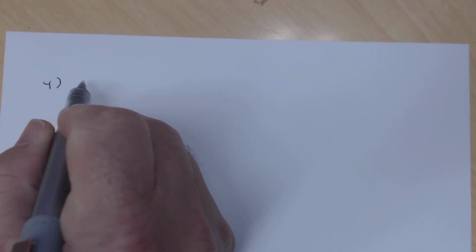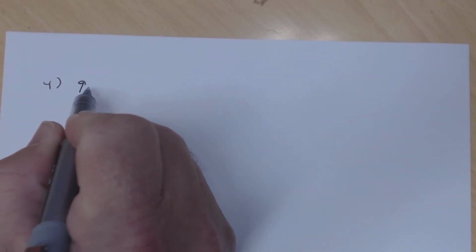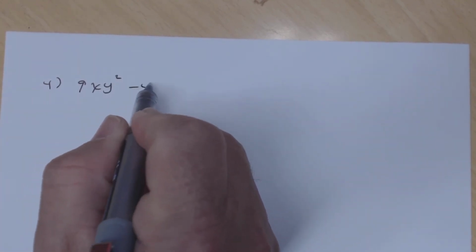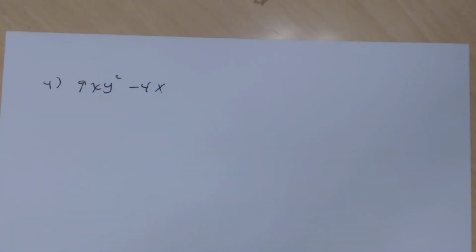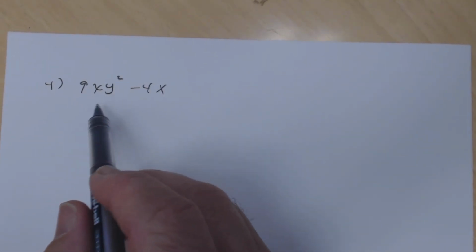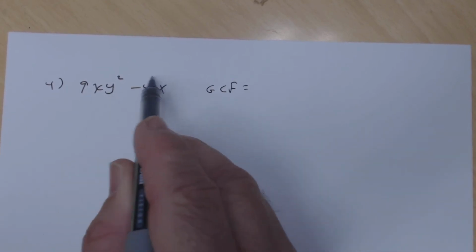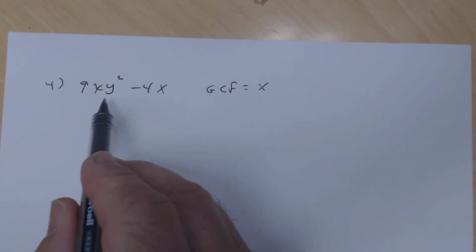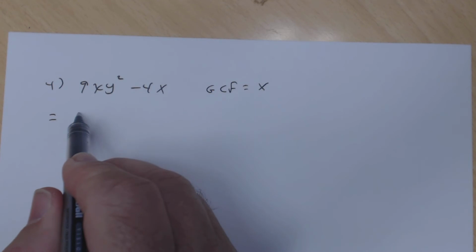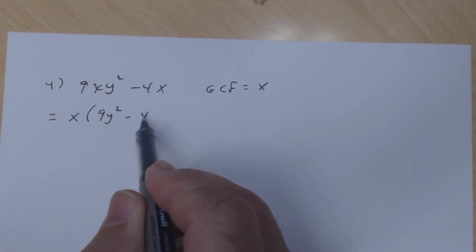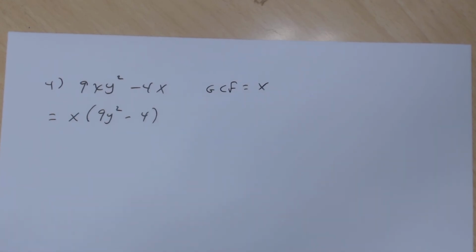We had 9xy squared minus 4x. So again, look for a GCF. The GCF here is x. So we can factor out an x. So I get x times 9y squared minus 4.